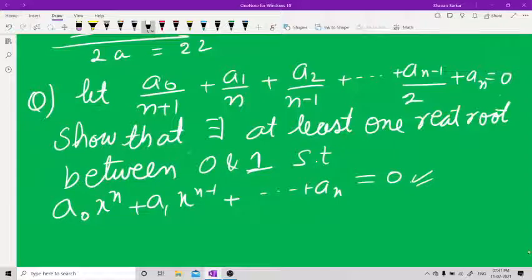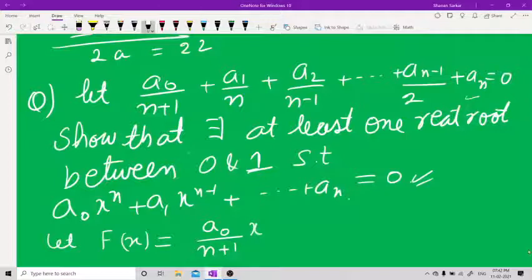So let us define a function capital Fx. The trick is, listen one thing, I have to use this to show this. Now, if I take a function a naught over n plus 1 x to the power of n plus 1, see what will happen.